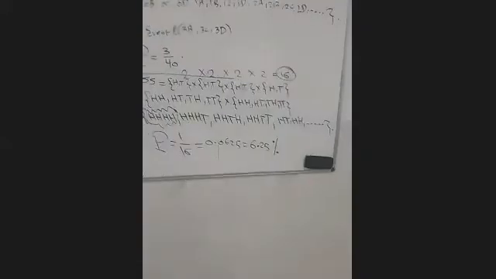Use the calculator, guys. 1 divided by 16 is 0.0625. Now, if you multiply it by 100, it will be 6.25 percent.